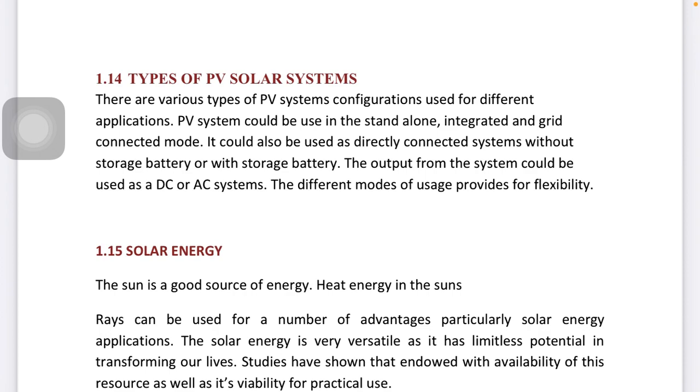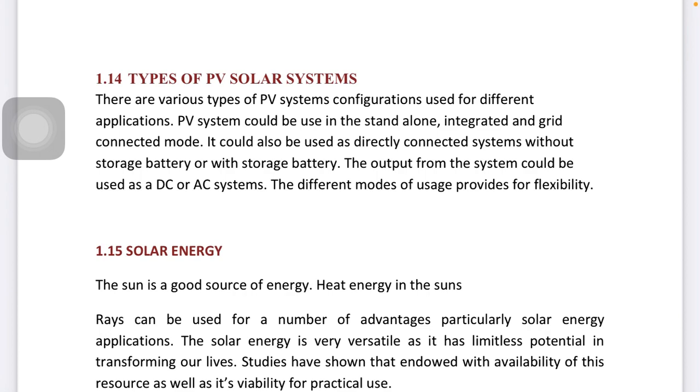It can be integrated, maybe in a solar car. It's integrated inside the car. Then we have grid connected mode. This one is like a solar farm, and the solar system is connected to the grid, transmitted nationwide.